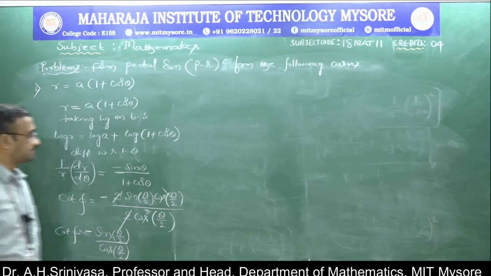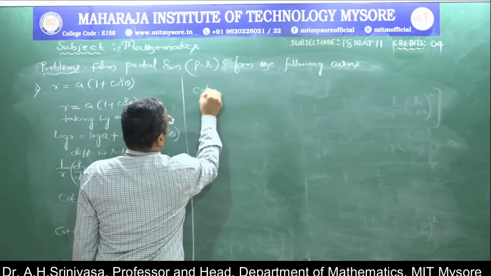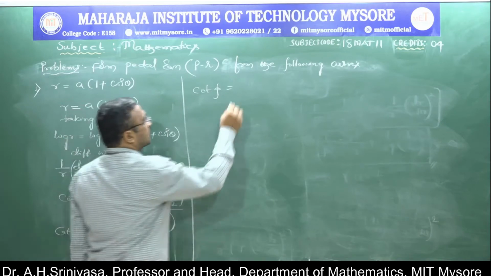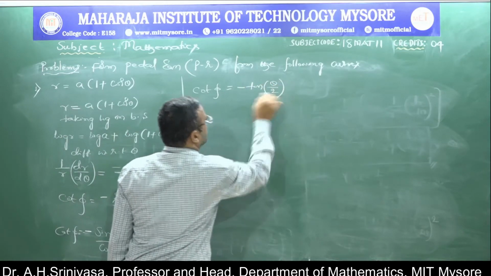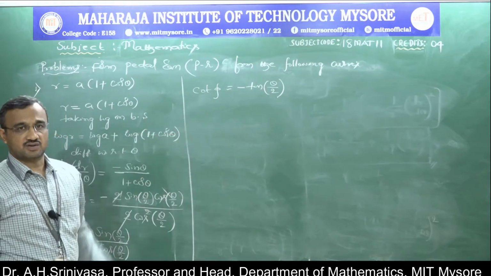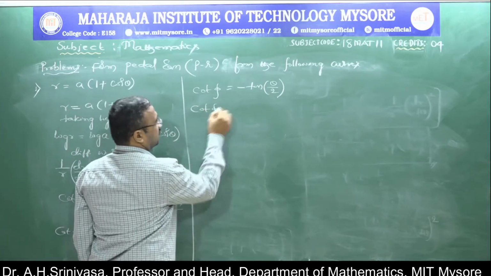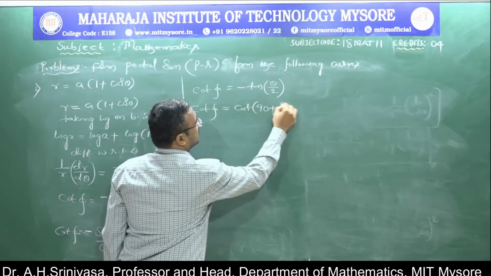So we know that cot phi should be equal to minus times tan theta by 2. Now I am going to convert the tan in terms of cot by using allied angles. Cot phi should be equal to, can I write this in this form, cot of 90 plus theta by 2.